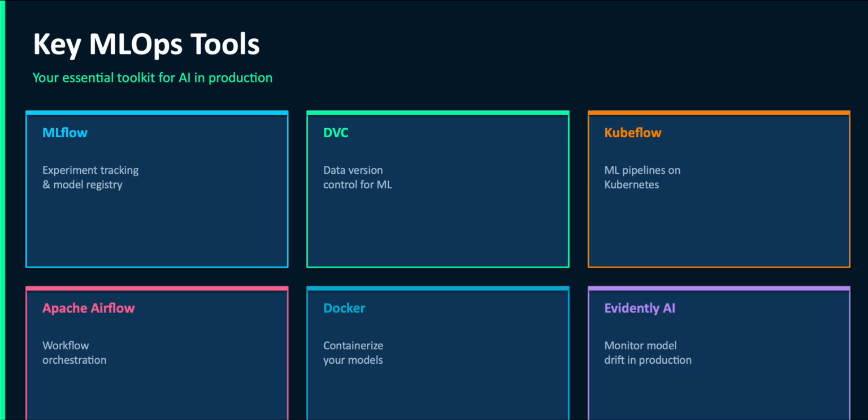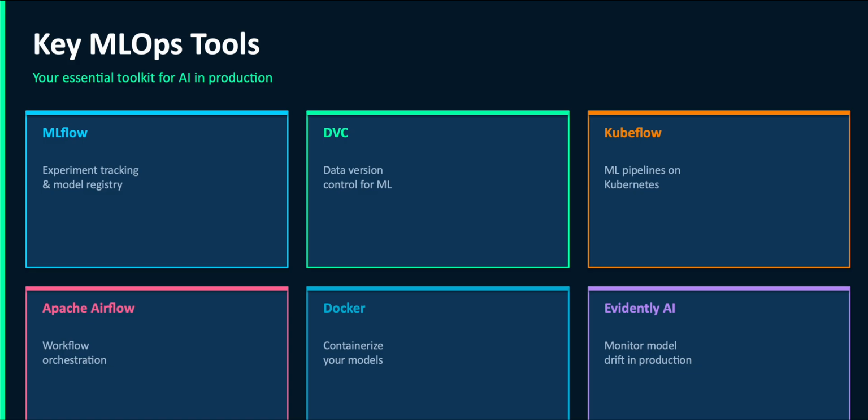So before we wrap up, here is a quick overview of the tools you will encounter in MLOps. MLflow is your go-to for experiment tracking and model history. DVC handles data version control. Kubeflow runs ML pipelines on Kubernetes.